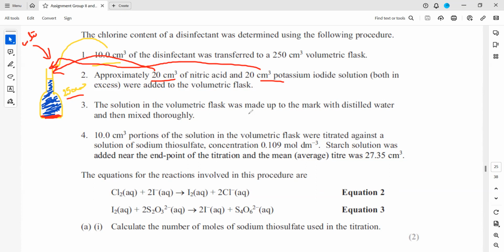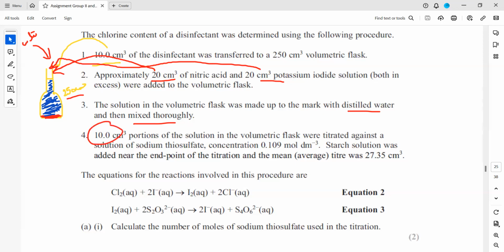The solution in the volumetric flask was made up to the mark with distilled water and then mixed thoroughly. So we mix 10 cm cube of disinfectant, 20 cm cube of nitric acid and 20 cm cube of potassium iodide, and fill up to 250 cm cube.